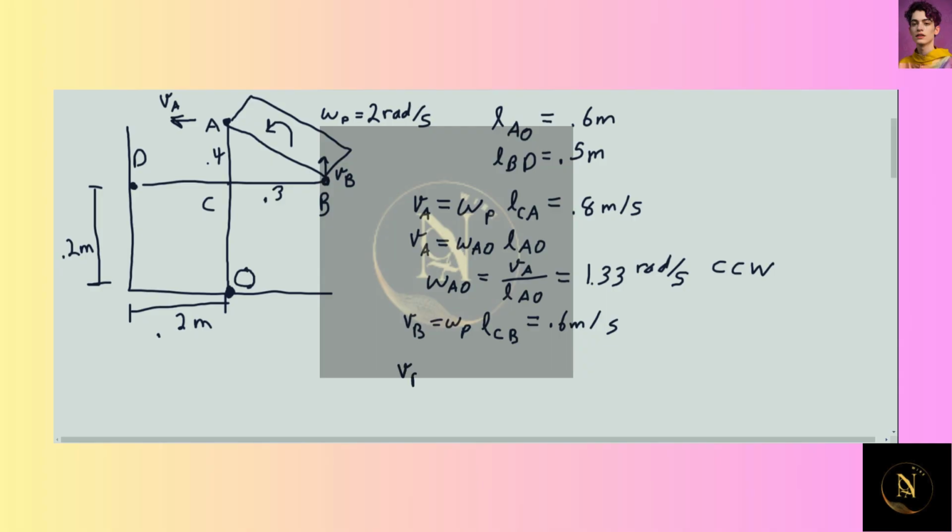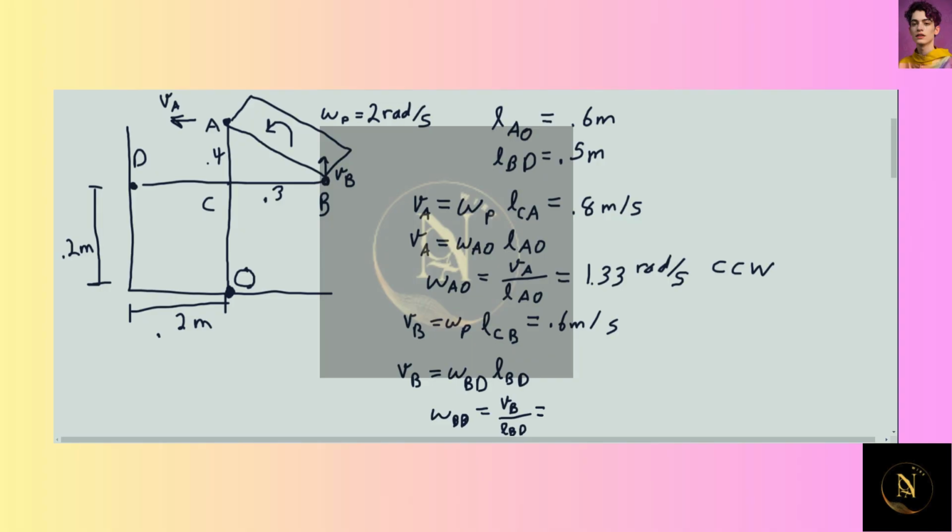Then we know that V_B has to equal the angular velocity of BD times the total length of BD. In other words, that angular velocity would equal the linear velocity divided by that total length.